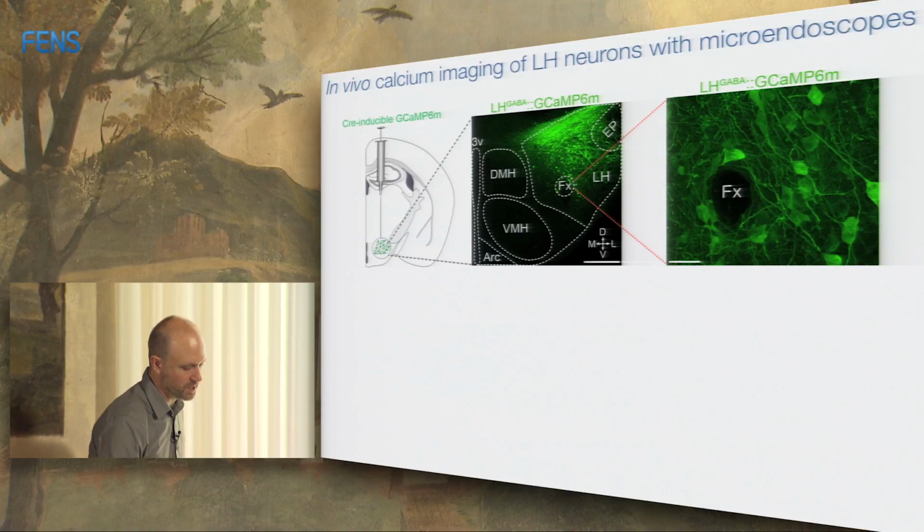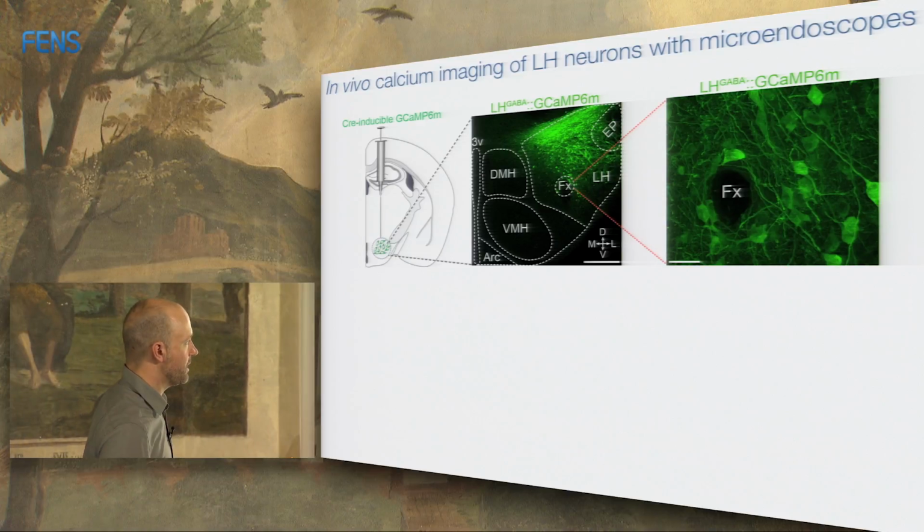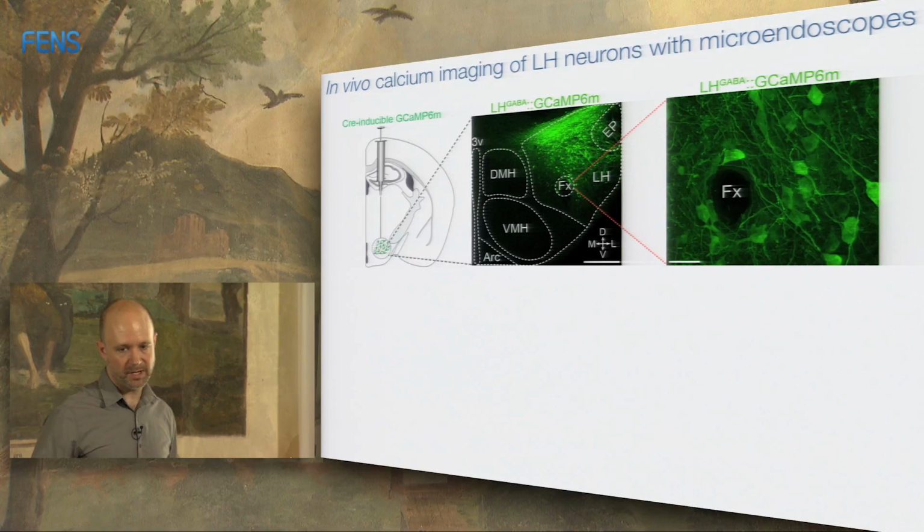Since I've mentioned GCaMP, and it's currently the standard in the field for measuring activity, I just wanted to talk about it in a minute. As I mentioned, it's a genetically encoded calcium indicator that changes its fluorescent state based on whether the protein is bound to calcium or not.